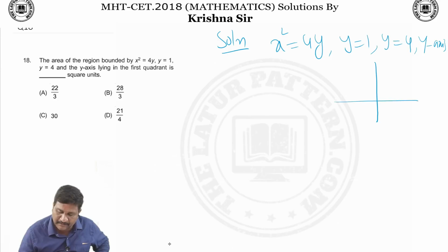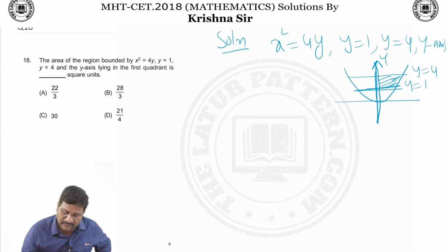By diagram we have this upward parabola, and y is equal to 1 is the line parallel to the x-axis, y is equal to 4 is the line which is also parallel to the x-axis, and the y-axis is this. Now we find this area.